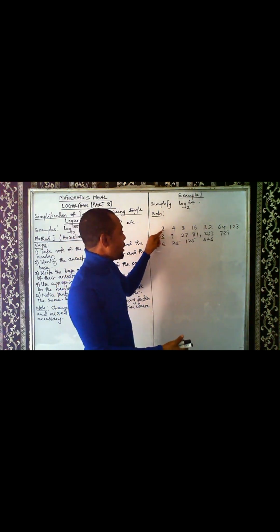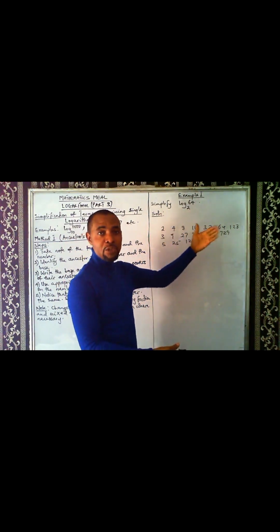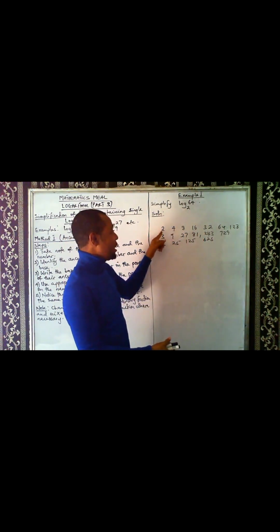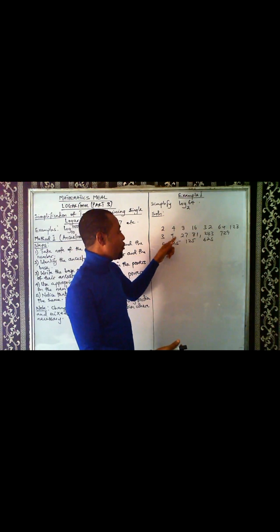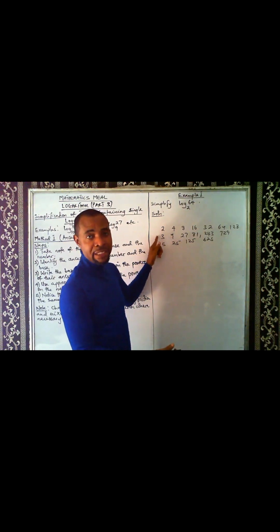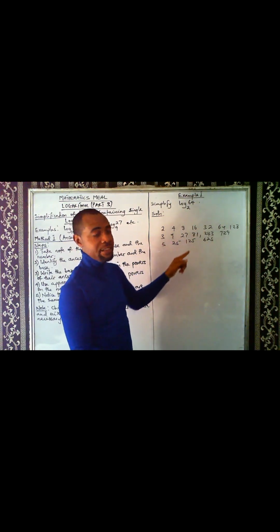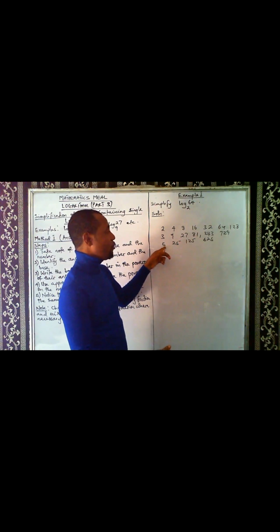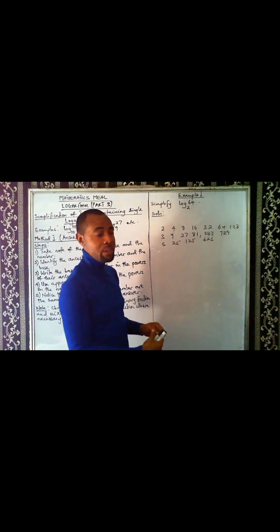So all the numbers that are formed by multiplying 2 continuously are the numbers that 2 becomes their ancestor. All the numbers that we are going to form by multiplying 3 continuously, 3 is their ancestor. All the numbers we are going to form by multiplying 5 continuously, 5 is their ancestor.